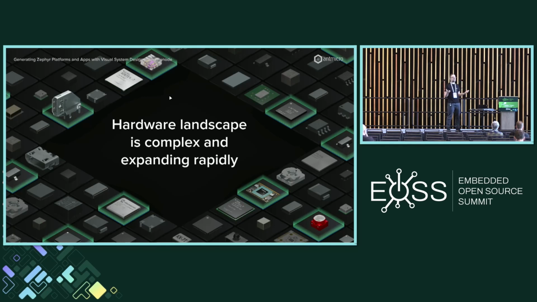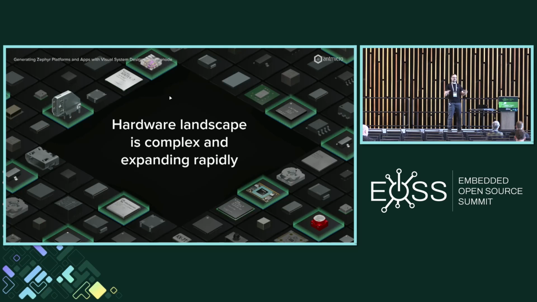I think we're seeing a renaissance of new silicon being pushed out by everyone: ST, Analog Devices, NXP, Texas Instruments, and everyone's building new types of silicon, higher and higher end, more diversity. The product portfolios are getting more complex with people offering ARM Cortex-M, ARM Cortex-A, RISC-V, it's a growing market too. So overall, this landscape is really complex, and it's even growing, right? So the problem is getting worse, in a sense.